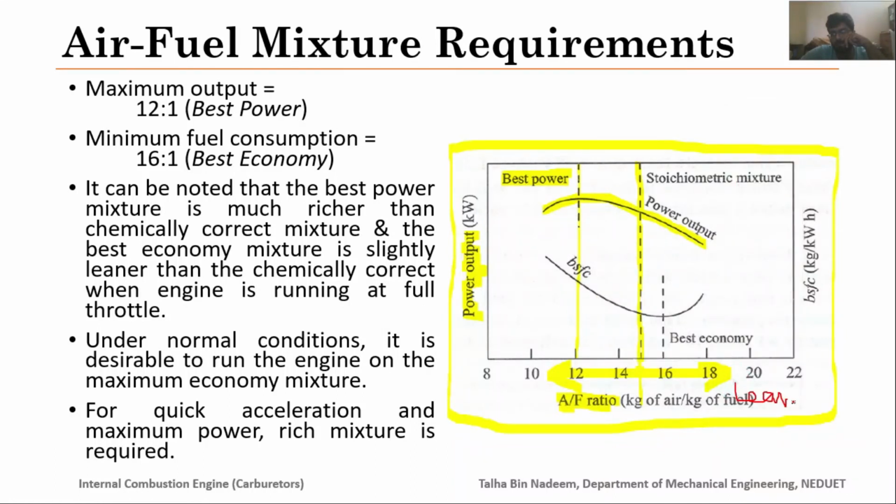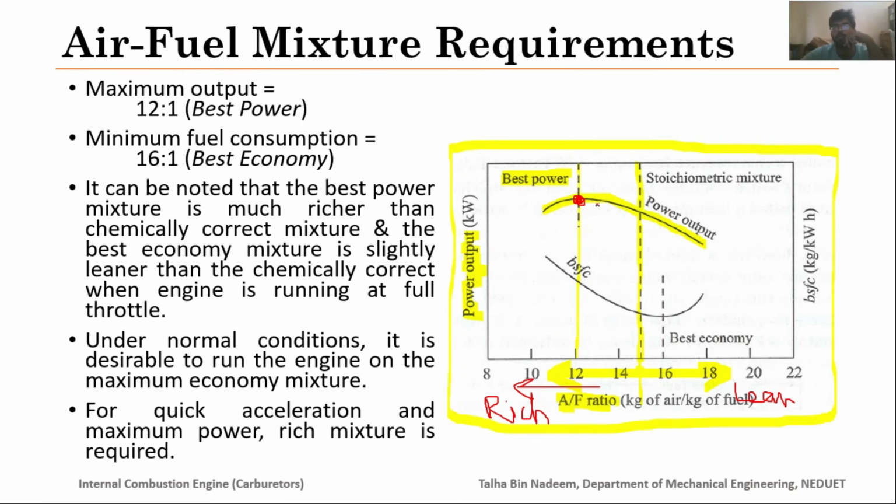You have a lean mixture on the right side, and on the left side of the stoichiometric mixture, we have a rich air-fuel mixture region. So with this we can simply conclude that the best power will occur at this point, which is lying in the rich air-fuel mixture region.